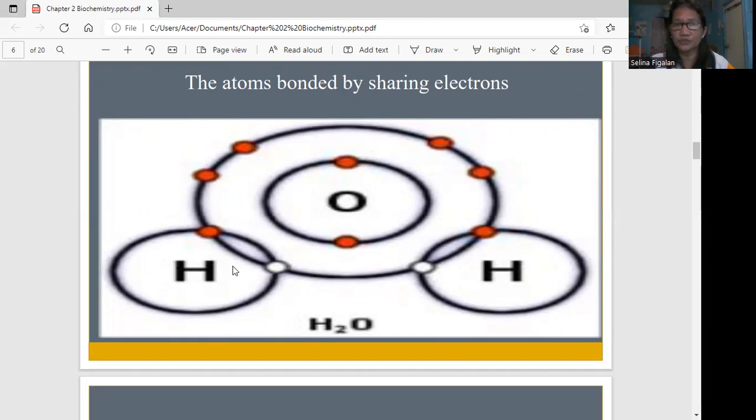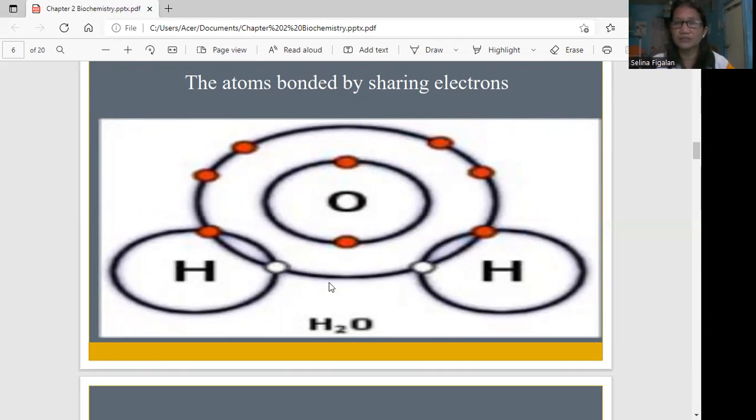Didikit ngayon yung hydrogen sa last shell ng oxygen, these 2 hydrogen. Anong mangyayari? The 1 electron from your oxygen ay mag-share siya ng isang electron with your hydrogen. This hydrogen shell magiging complete, which is 2 electrons.